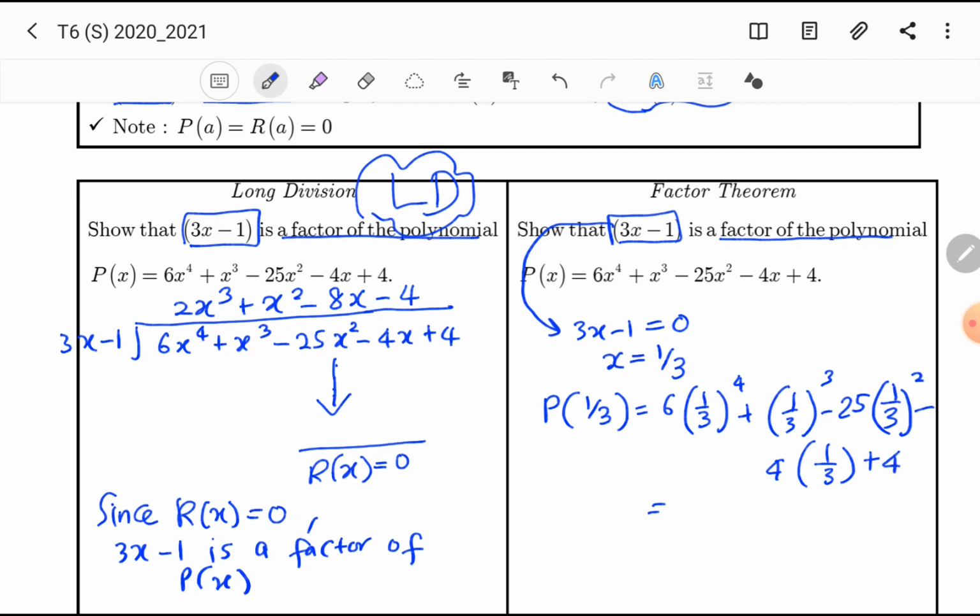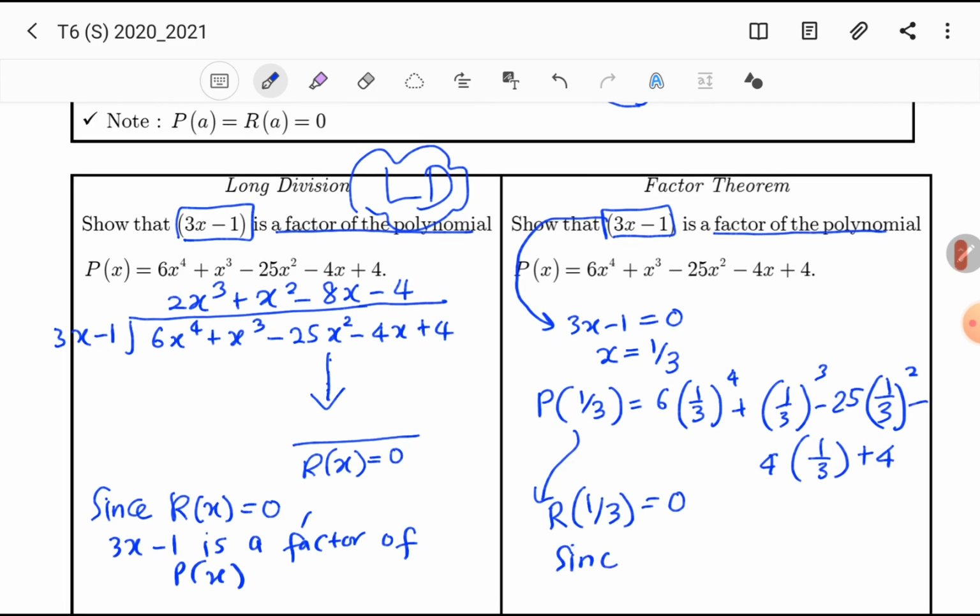Then if you try to calculate, you will get 0. Okay, and we know that P of 1 over 3 is equals to R of 1 over 3. Okay, so we got 0.